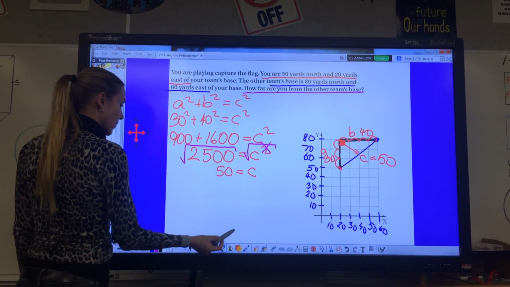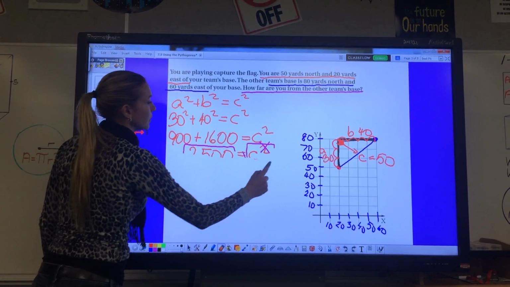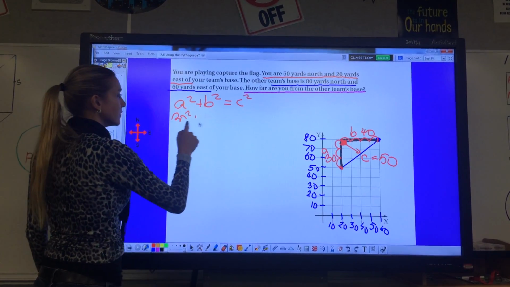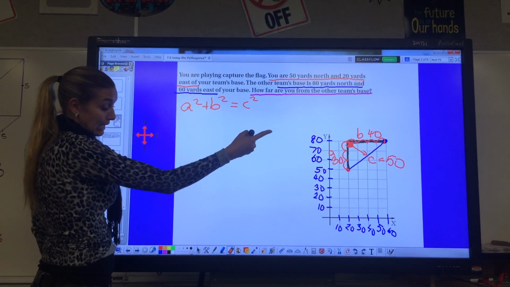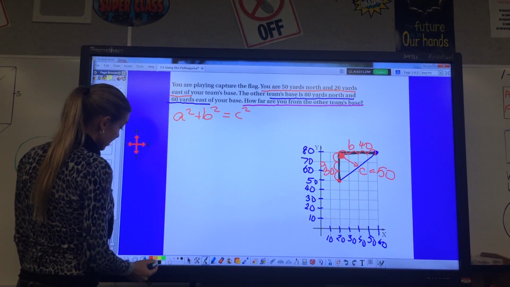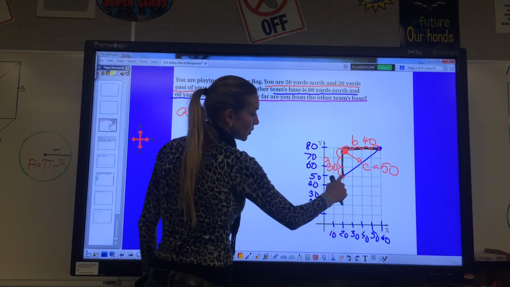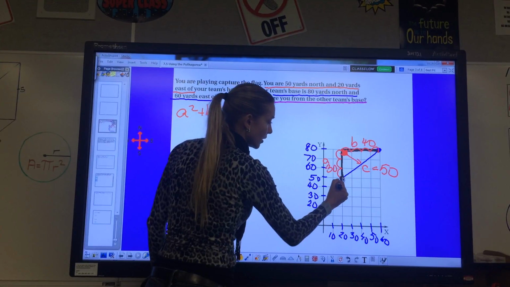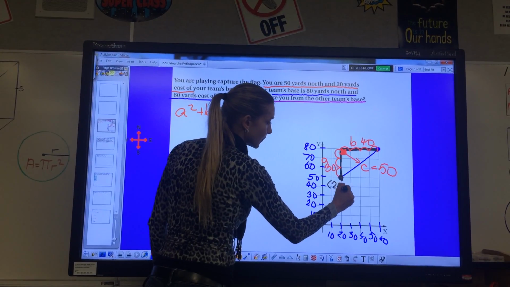Let's see if I was to apply the distance formula, if I will get the same answer. I should. Let's see if I will. So the coordinates of this point, right? This is my team. The coordinates are on the x-axis, it's 20.